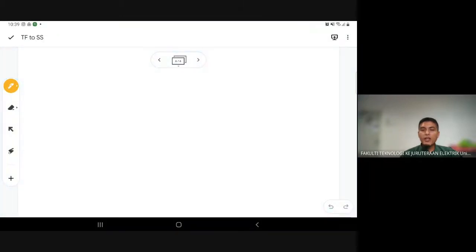For the exercise, can you help me convert the transfer function to phase variable form? Let's say this one.